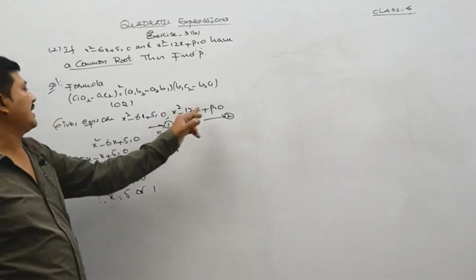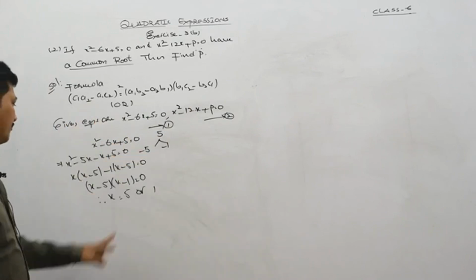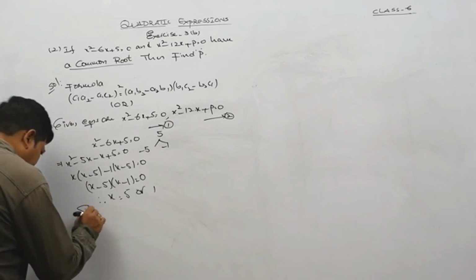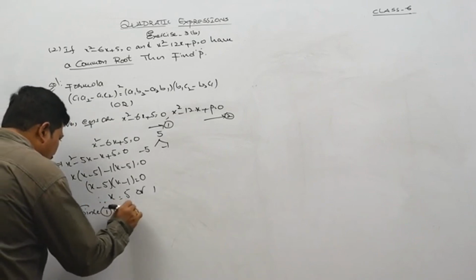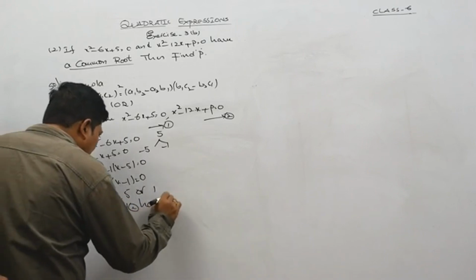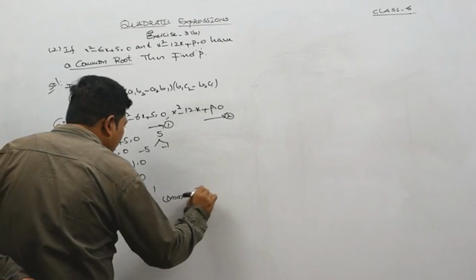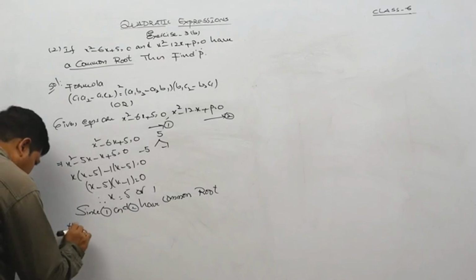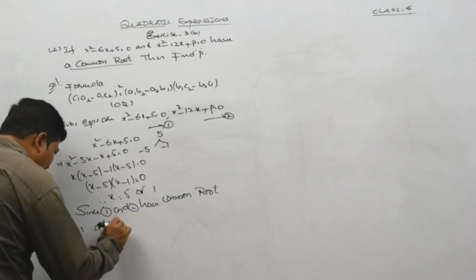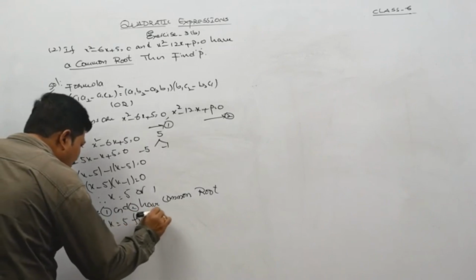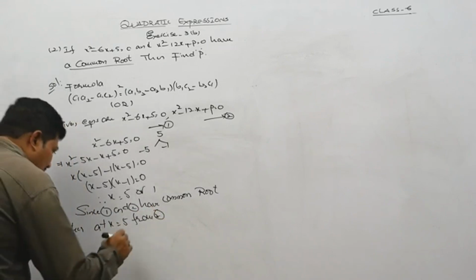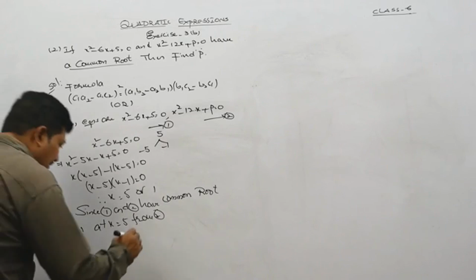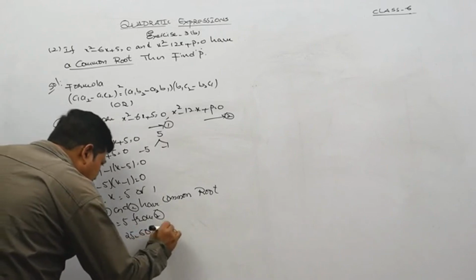Now these two have a common root, so that common root may be 5 or that common root may be 1. Since equations 1 and 2 have a common root, at x is equal to 5, from equation 2: 5 square is 25, minus 12 into 5 is 60, plus p is equal to 0.